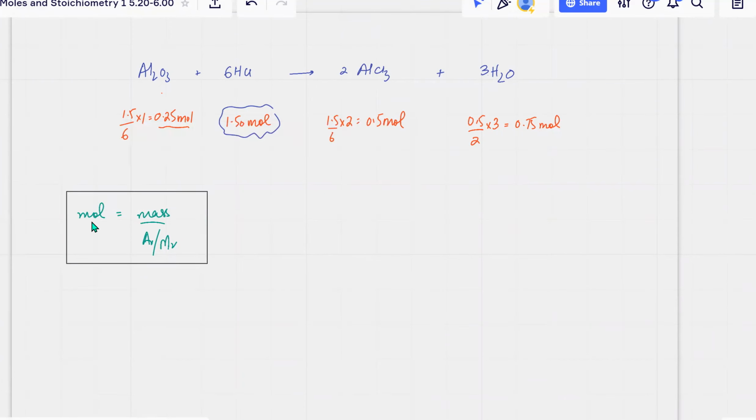Okay, if I know how many atoms I've got, that's the quantity in moles. AR and MR is, what is AR and MR?